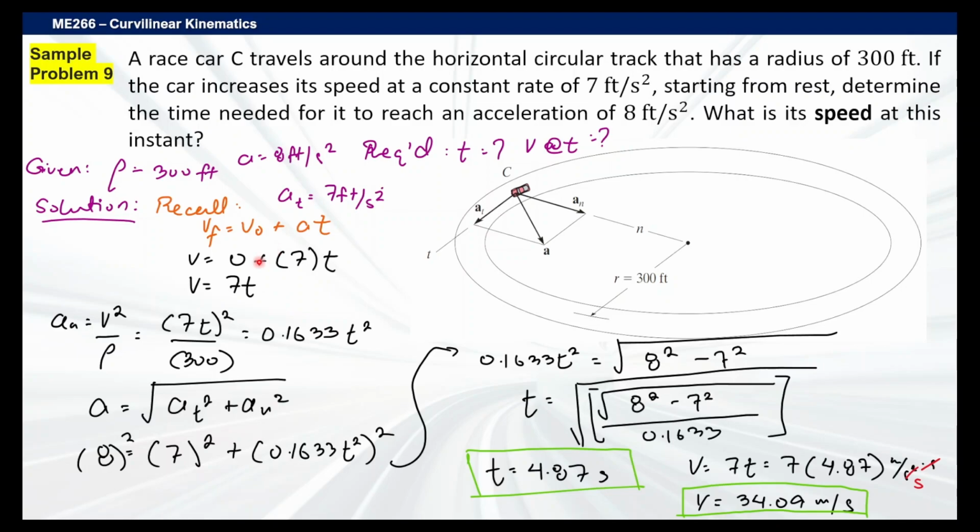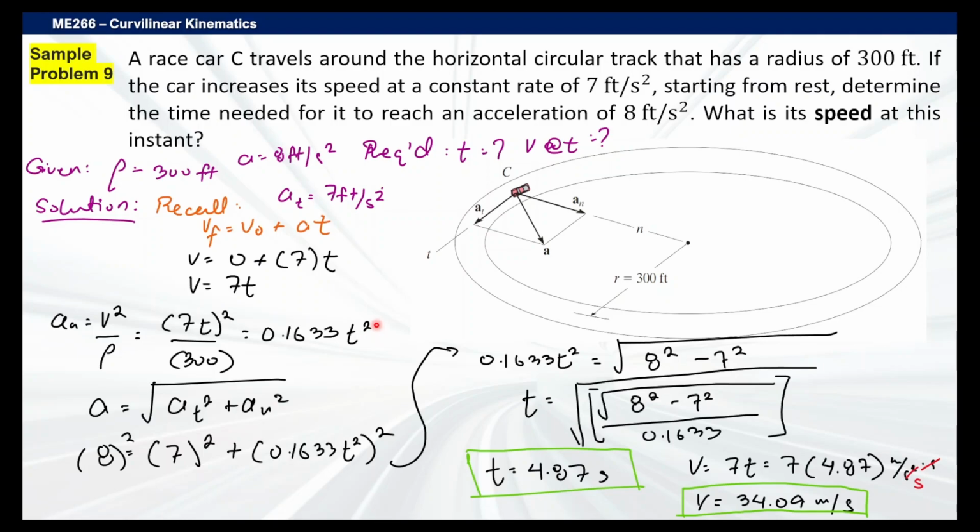Now to get AN, the normal acceleration, we use the formula v squared over radius of curvature. So that will be (7t) squared over 300, which is 0.1633 t squared.